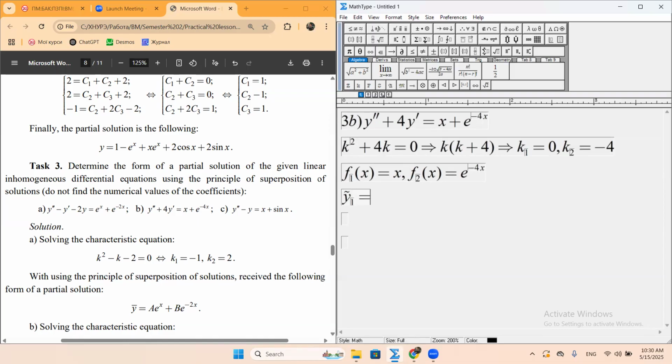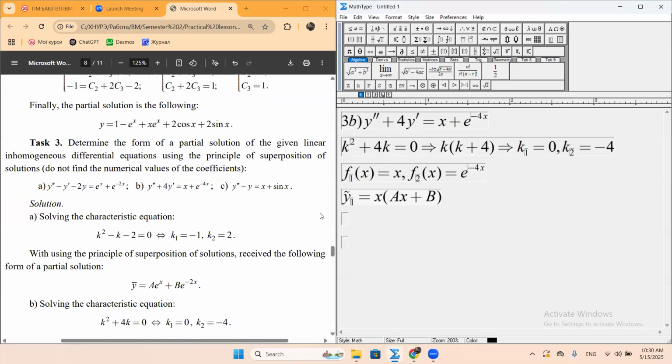So y1 will be equal to ax plus b, multiplied by x to the power of the multiplicity. The multiplicity is 1, so here it is multiplied by x.